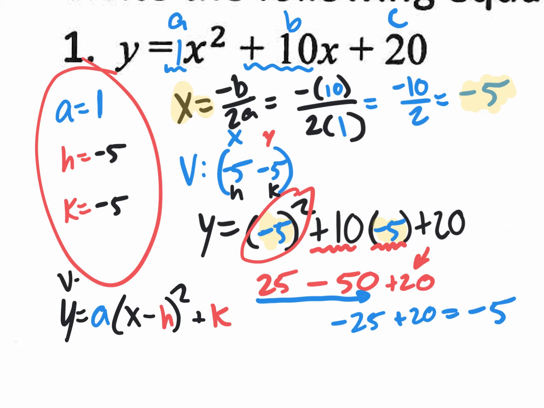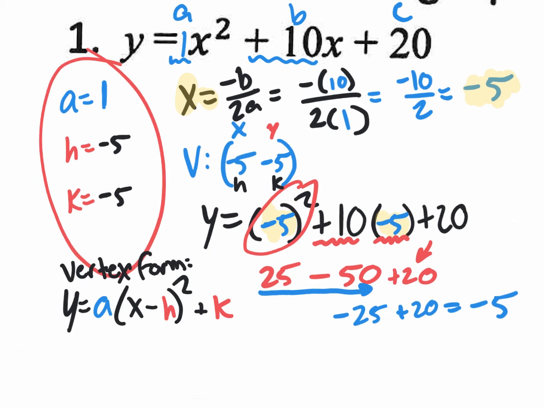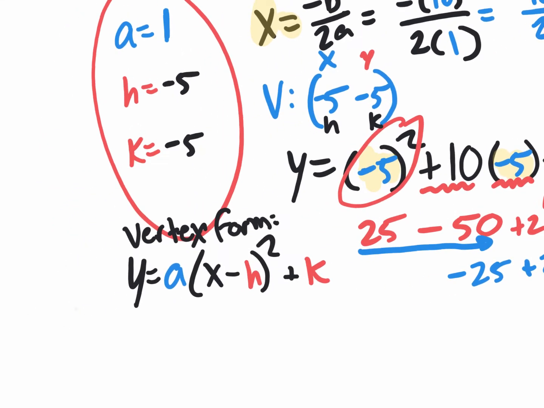And again, this is vertex form. So let's take those a, h, and k values and plug them in. Here we go. y equals, the a value is 1. Open up some parentheses, x minus, the h value is negative 5, close parentheses squared, plus another k value, which is also negative 5. That's your vertex form equation, but let's clean it up.